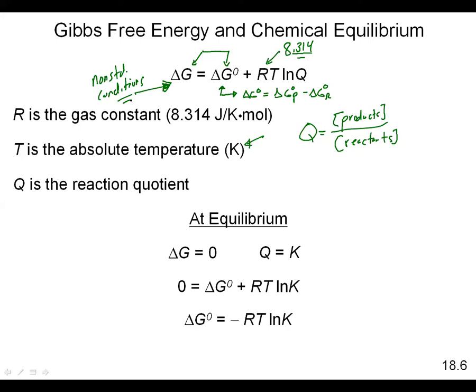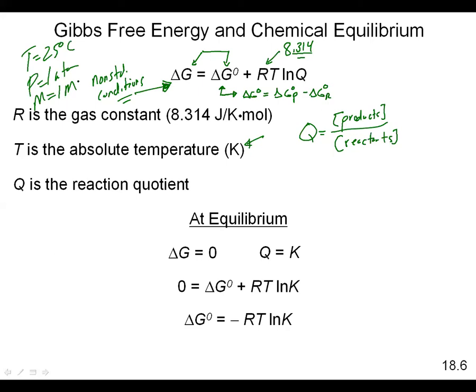Perhaps the temperature is not 25 degrees Celsius, or when you calculate Q, the pressures aren't 1 atmosphere and the concentrations aren't 1 molar. The main standard conditions we've been talking about are 25 degrees Celsius, pressure of 1 atmosphere, and molarity of 1 molar. Something there is not at those conditions.